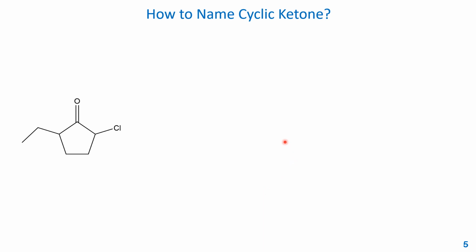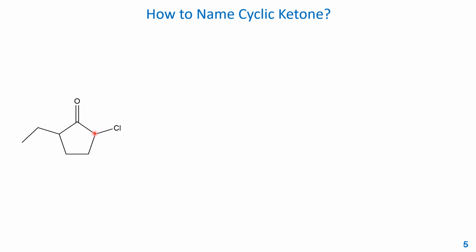Now let's talk about the cyclic ketone. Okay, a ketone is a carbonyl functional group with both carbon connections on the same carbon. And this is a 5-membered ring, so it's a cyclopentanone. You have 2 substituents, chloro and ethyl. And it seems like there's a tie here because first, this carbon is always 1.